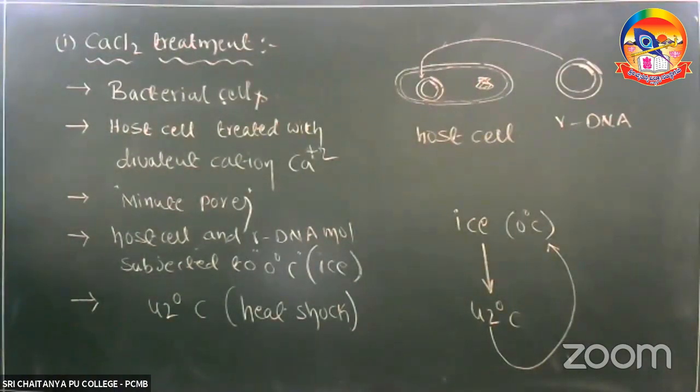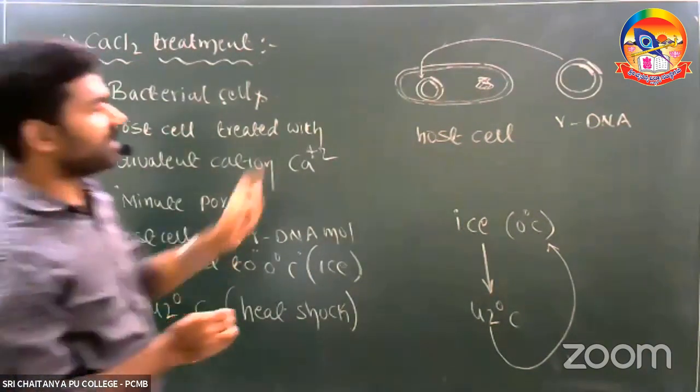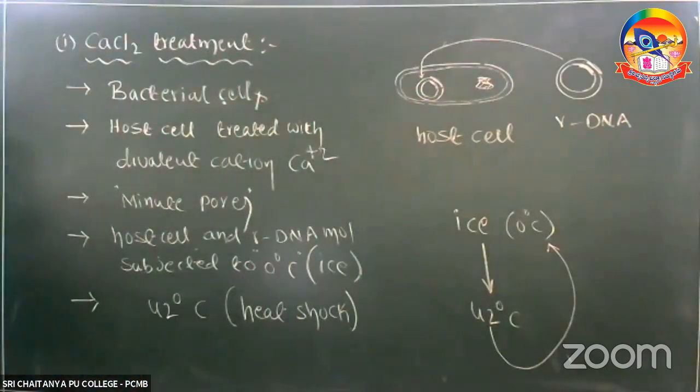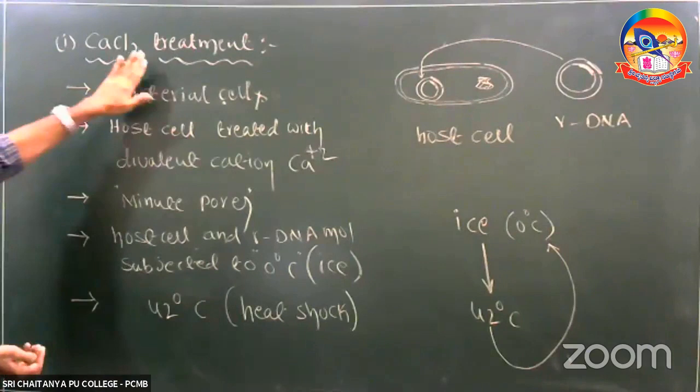This calcium chloride treatment is useful for insertion of rDNA into bacterial cell cytoplasm. So the first method for insertion of rDNA into host cell cytoplasm is the calcium chloride method, in bacterial cells.